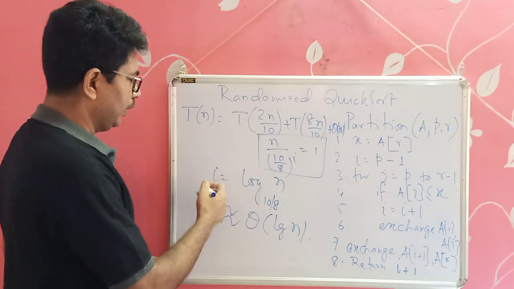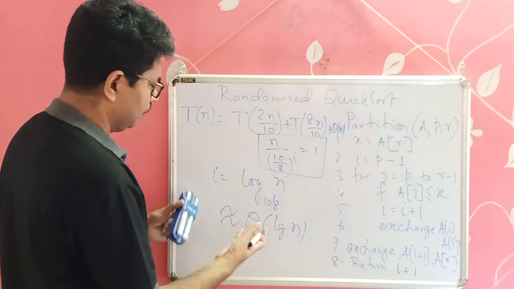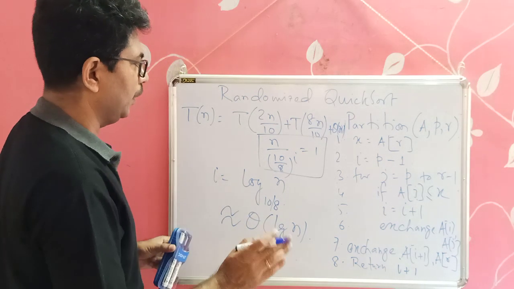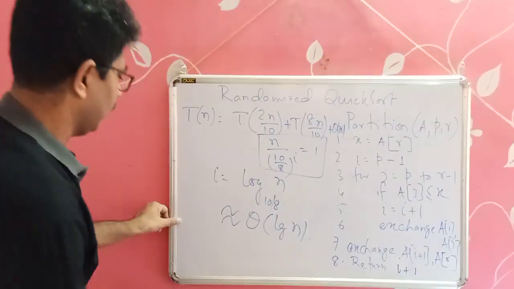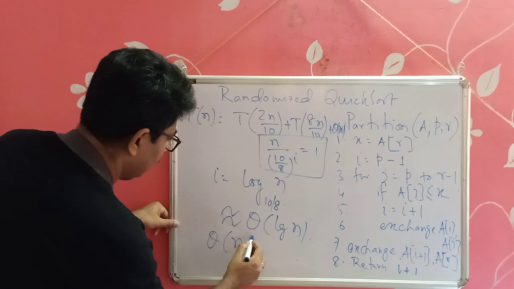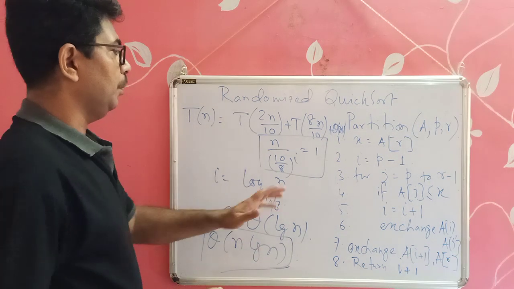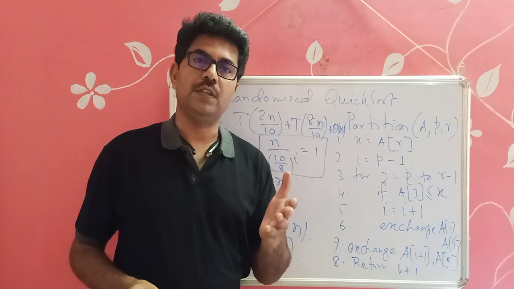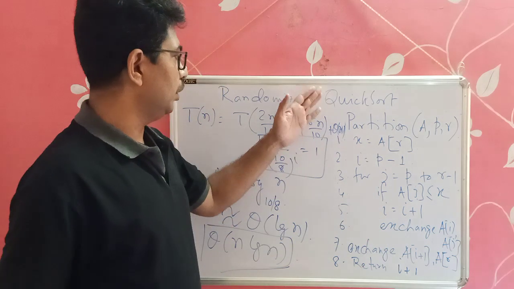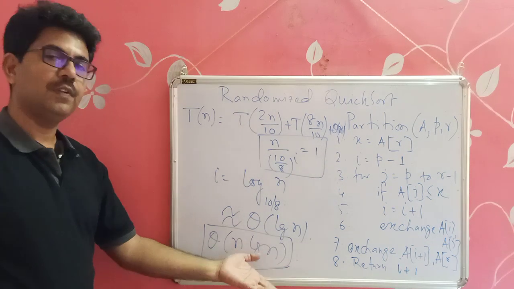So the bound is theta of log n, and from the recursive tree the time complexity will again be theta of n log n. This is a very interesting property: not only when the partition is always equal halves, but if the partition is balanced, quicksort will also exhibit best case time complexity, theta of n log n.